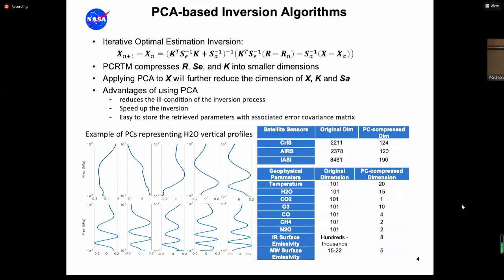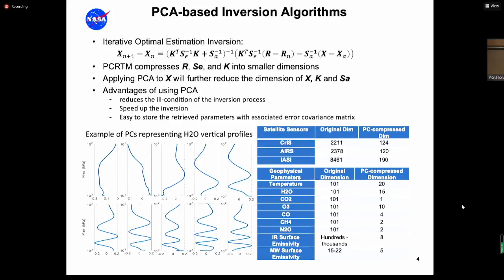So, now talking about state vector X, for the infrared hyperspectral sounding, we retrieve temperature, water vapor, like 4 or 5 trace gases. And in thermal infrared, we need about 100 layers. Just to represent those profiles, you can see at least you need 700 elements for the vertical profiles. That's just too many state parameters in your state vector.